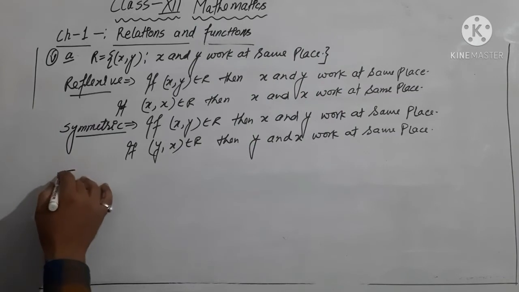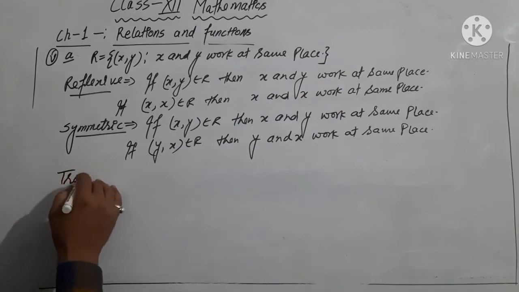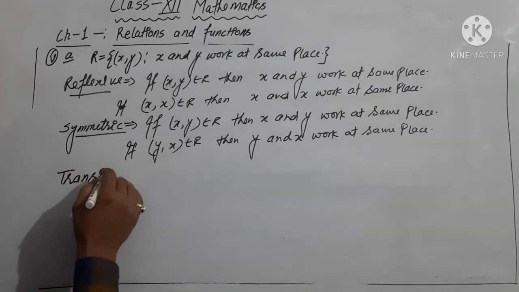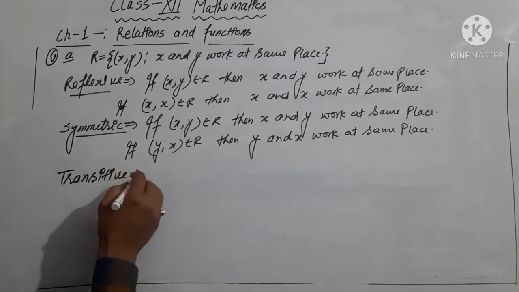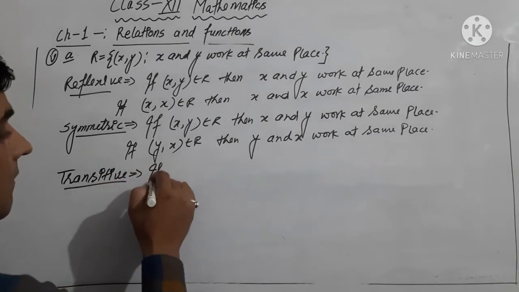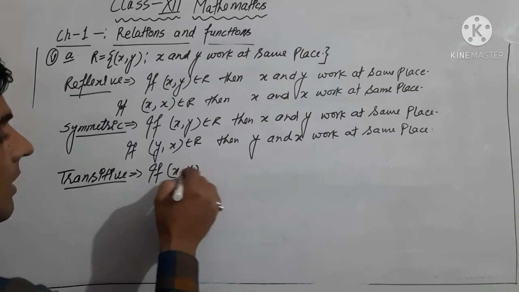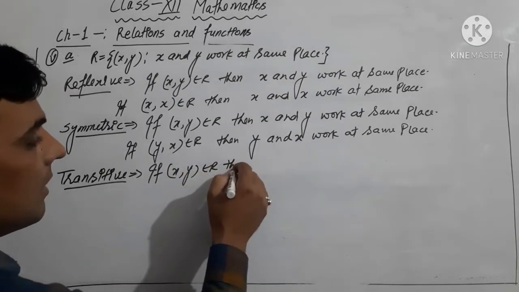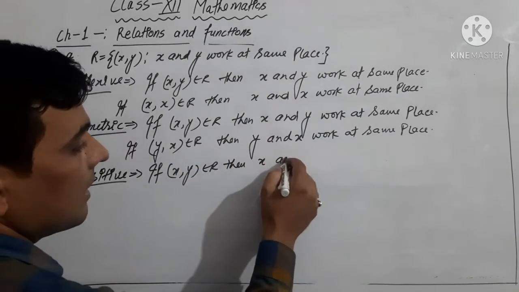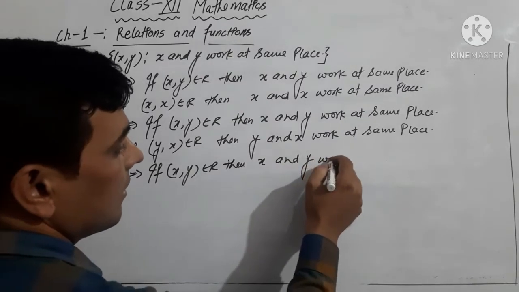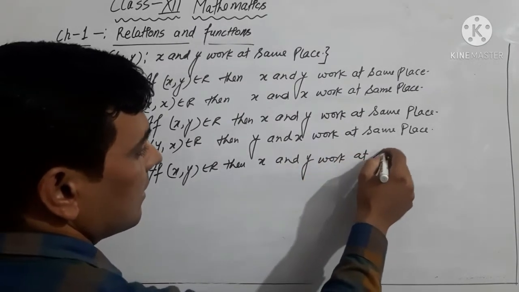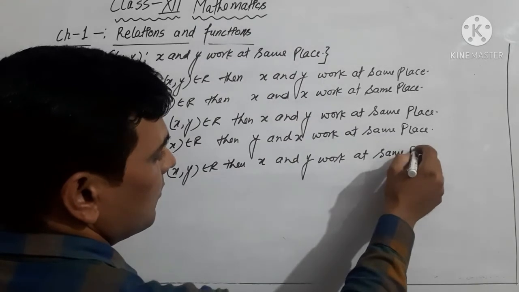Now come to the third type, transitive. If (x, y) belongs to R, then x and y work at same place.